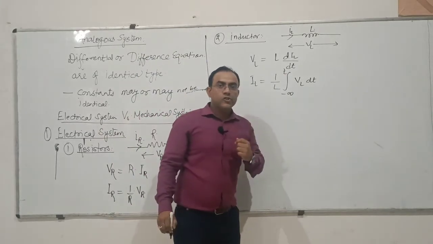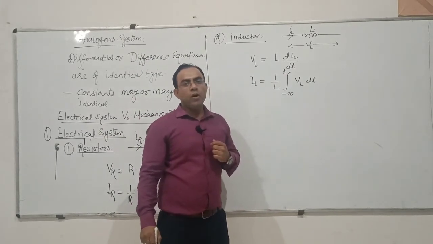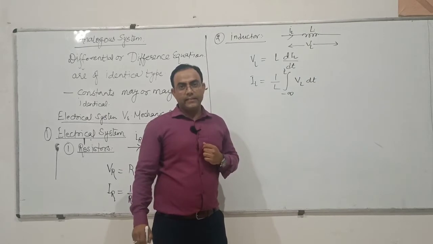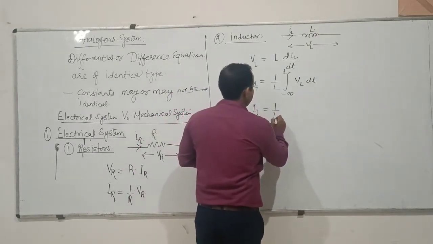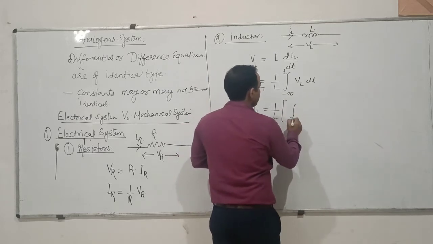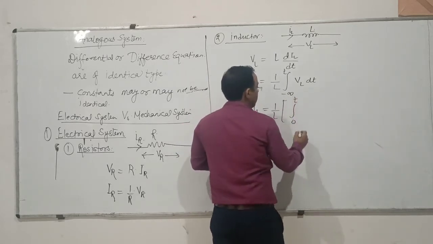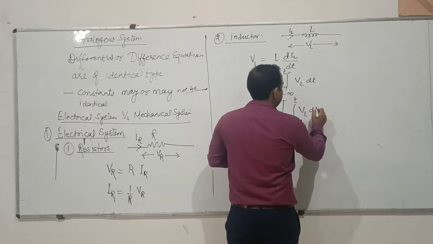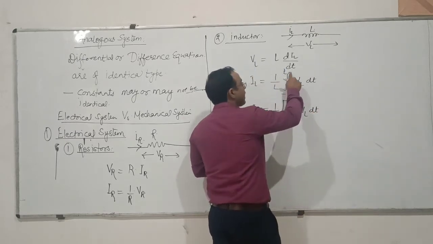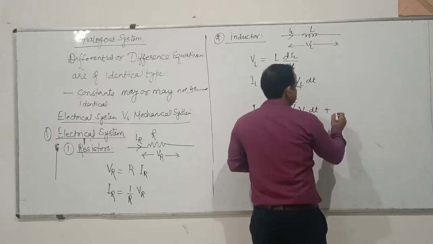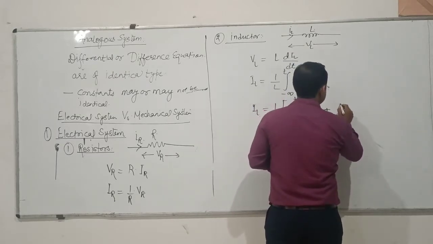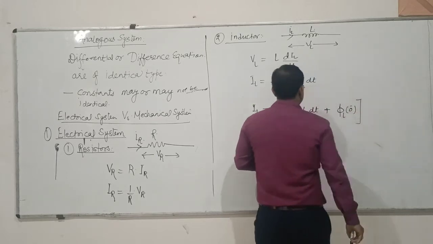An inductor stores energy in the form of electromagnetic energy. So it can be written as 1 upon L integral from 0 to t of VL dt plus phi L0 minus.